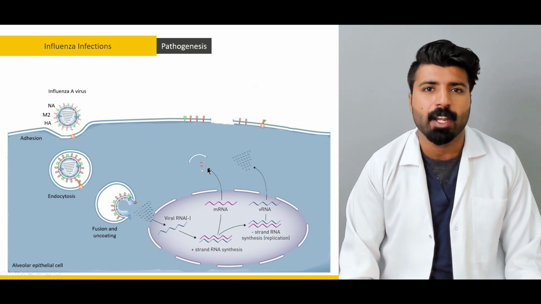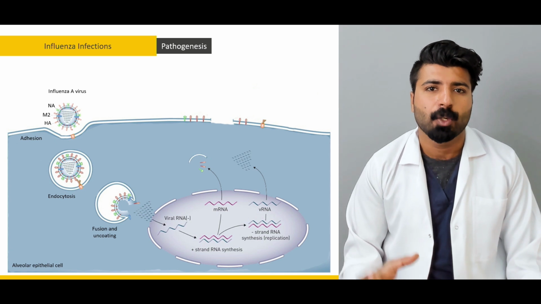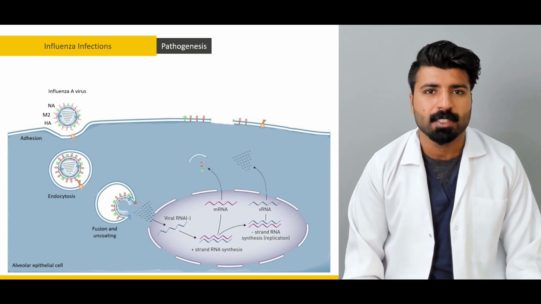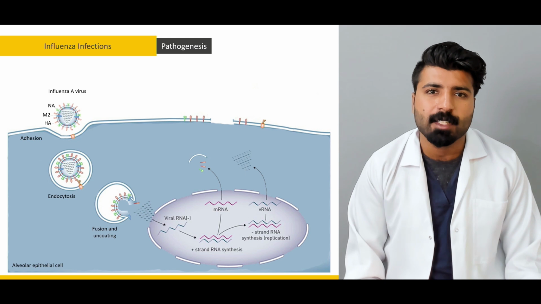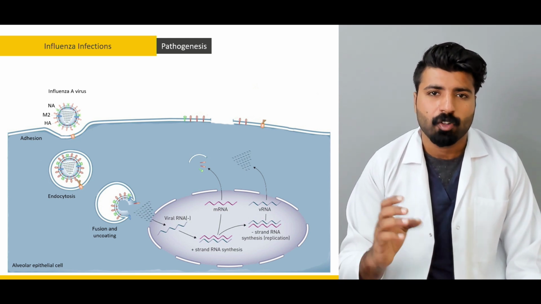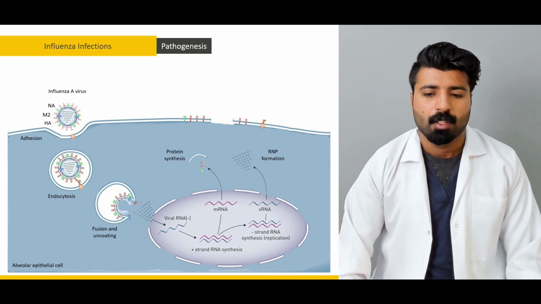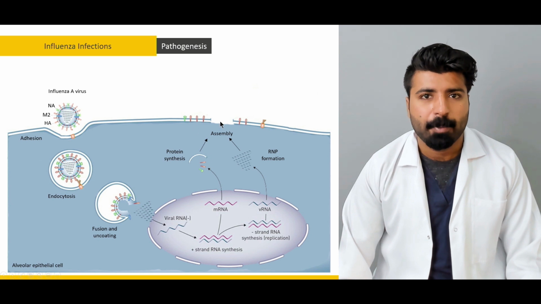Afterwards the proteins will move to the Golgi apparatus. What is the Golgi apparatus? The Golgi apparatus picks up these proteins, coats them and transforms them into vesicles, and those vesicles travel to the cell membrane.